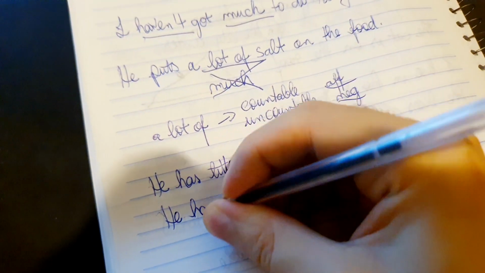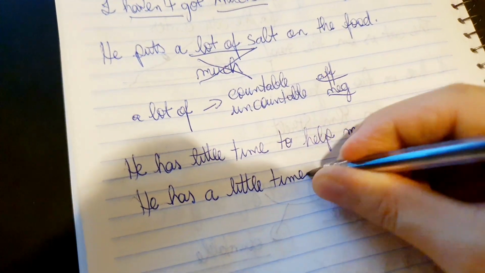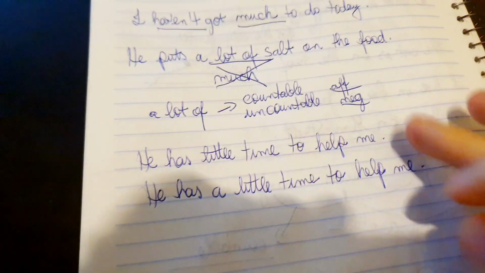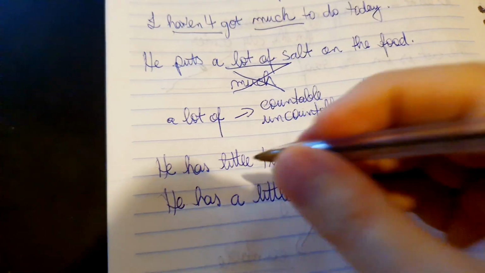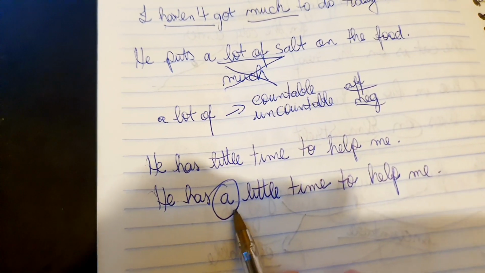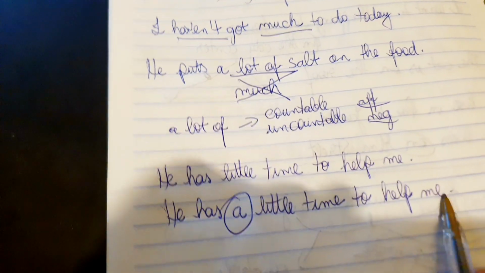He has a little time to help me. Let's compare these sentences. The only difference between the two sentences is the article, the indefinite article A. He has a little time to help me.